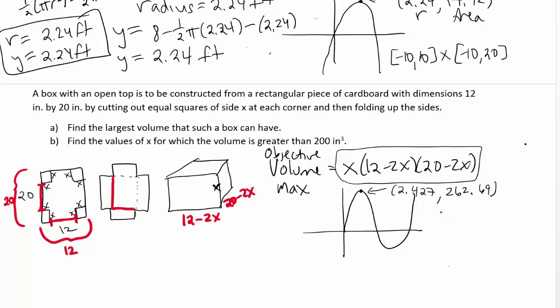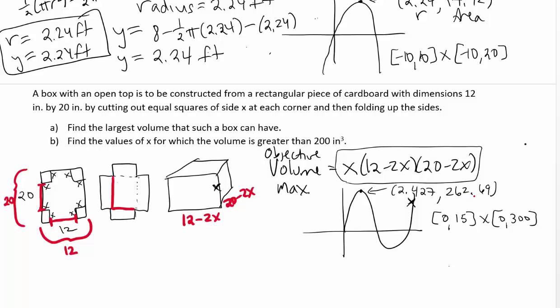And my window dimensions here were 0, 15 for the x's and 0, 300 for the y's. So let's figure out what these mean again. Remember, this x is the same x that we had in our formula, which was the same as this x that we're cutting from the corners. So the x we would need for our largest box would be 2.4 inches cut from each corner.